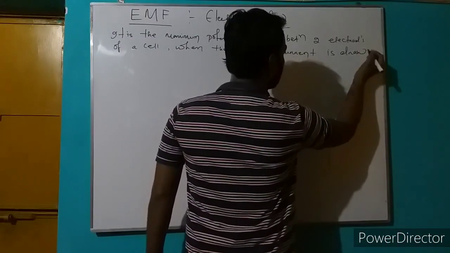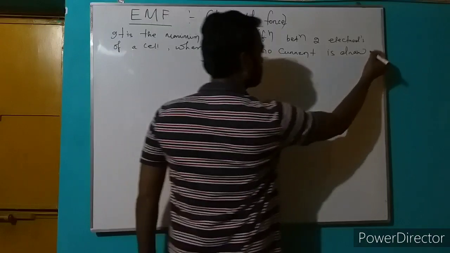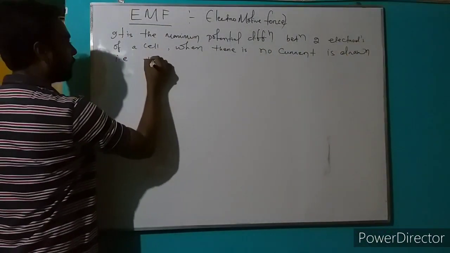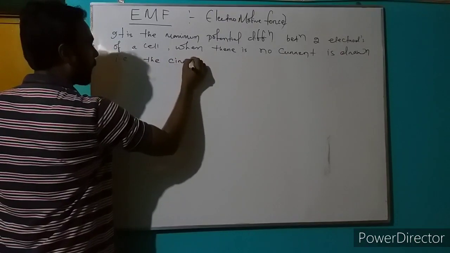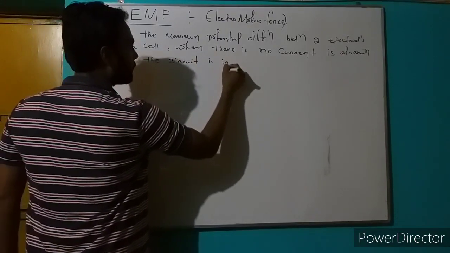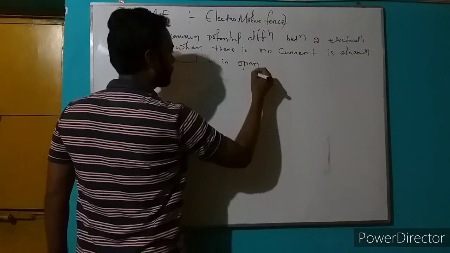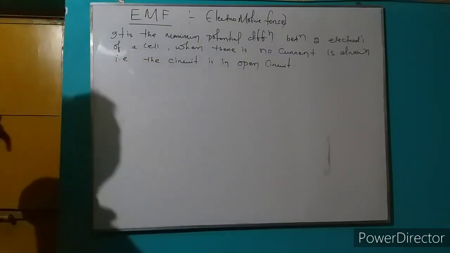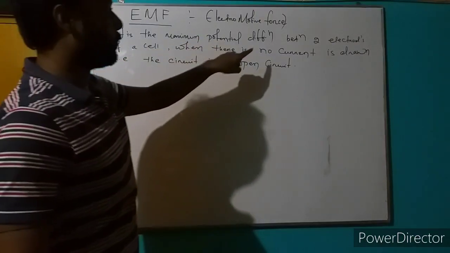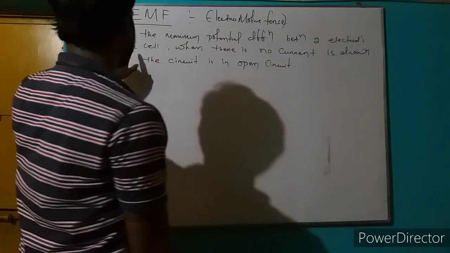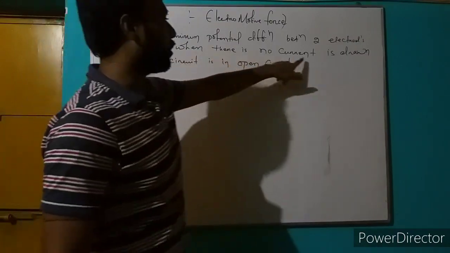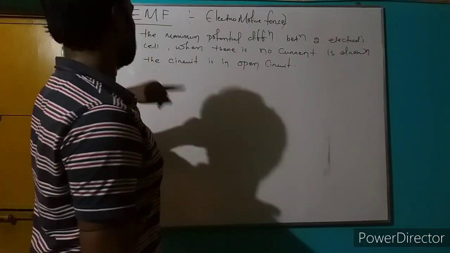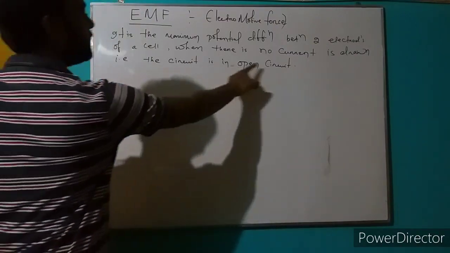When there is no current drawn, that means the circuit is in open circuit. So it is the maximum potential between two electrodes of a cell when no current is drawn. That is, the circuit is in open circuit.